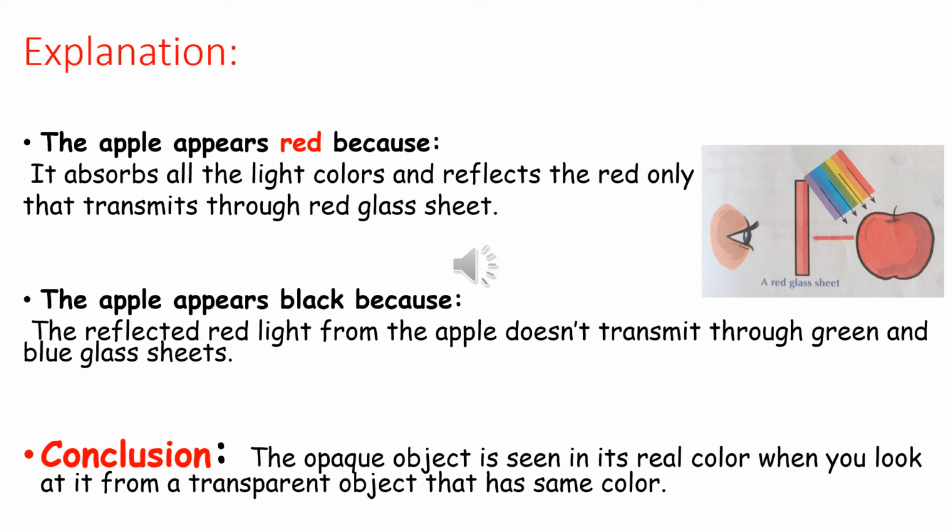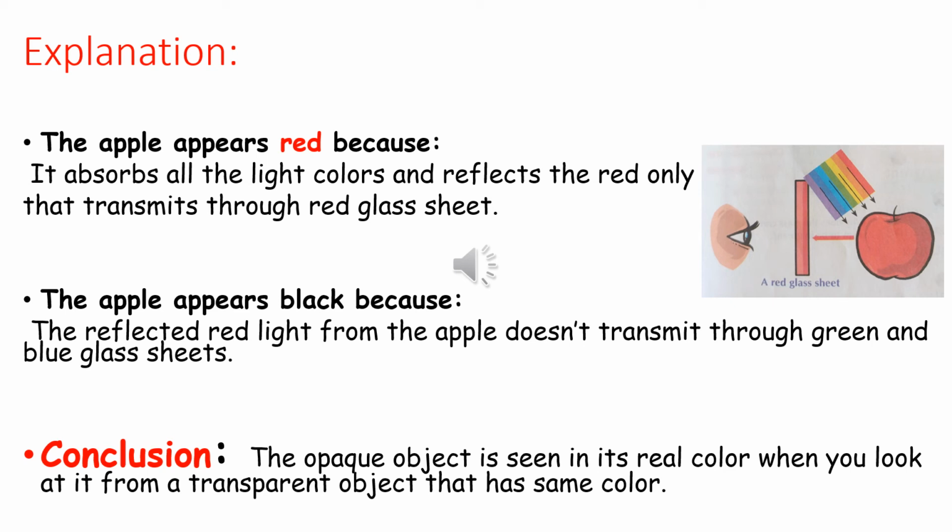Now let's talk about how the apple appears black when we look at it through a green or blue glass sheet. When the white light falls on the red apple, it will absorb all light colors and reflect the red color.